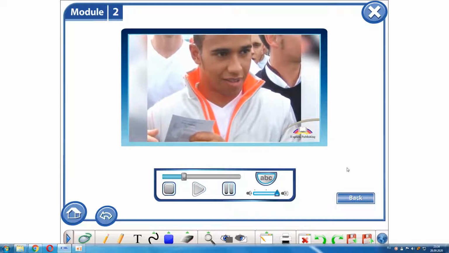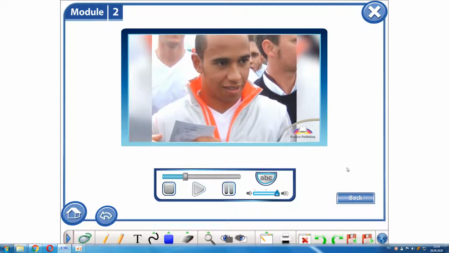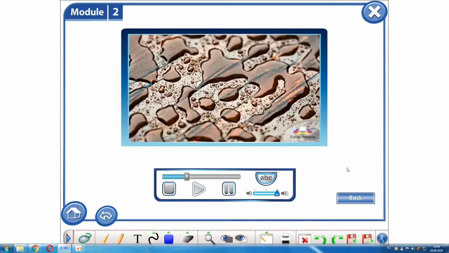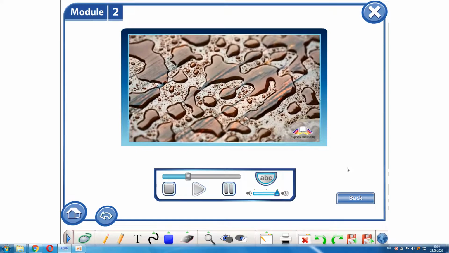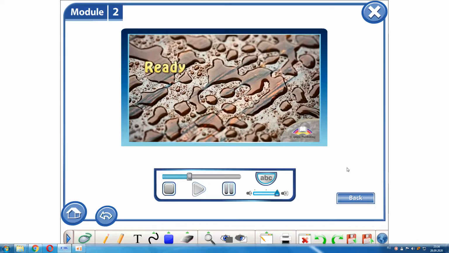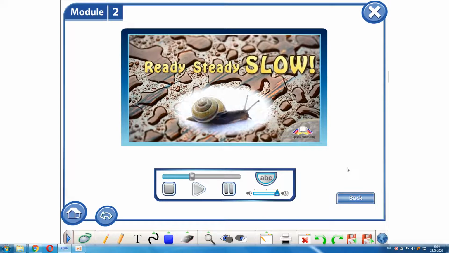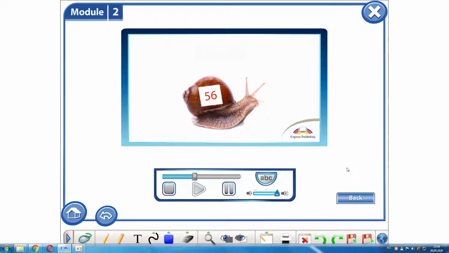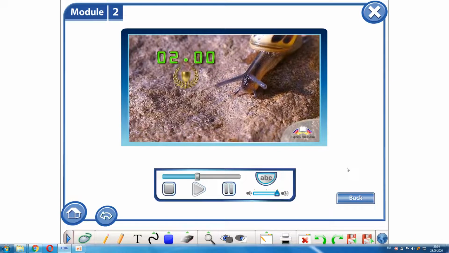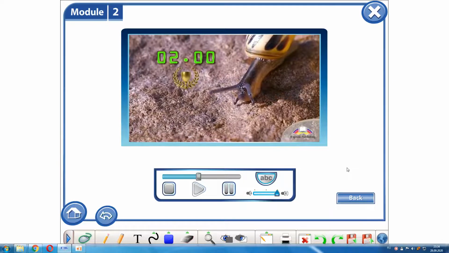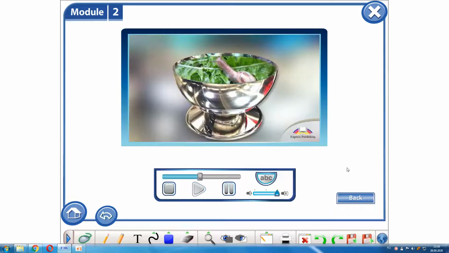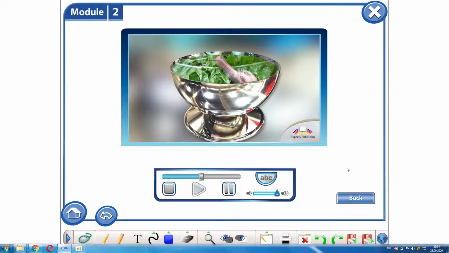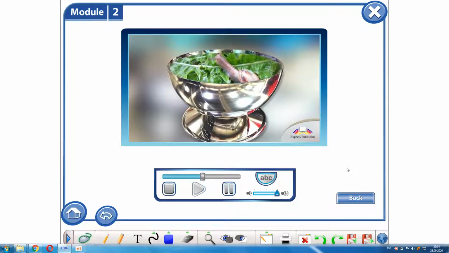We decided to call our snail Lewis, after Formula One's Lewis Hamilton. A farmer sprayed water on a table and shouted, "Ready, steady, slow!" And the snails were off. Sort of. Lewis came third in 3 minutes 35 seconds. The world record is 2 minutes by a snail called Archie in 1995. Hopefully this year's winner enjoyed his prize, a silver cup full of lettuce.